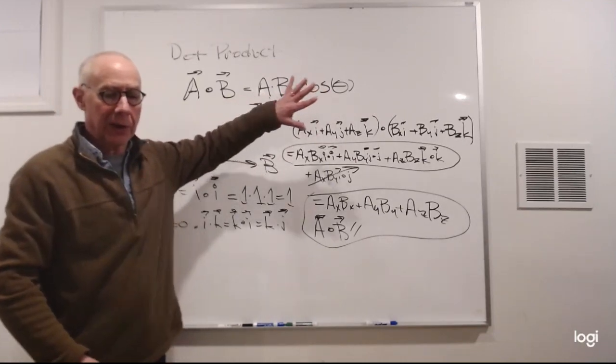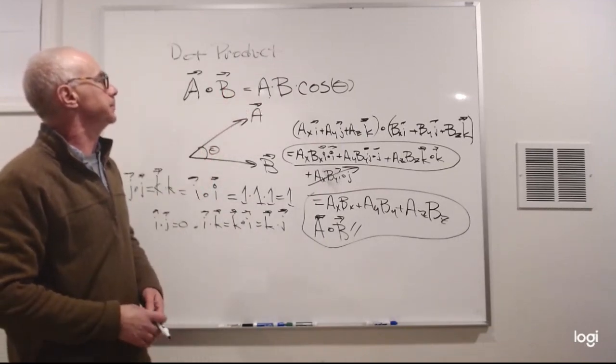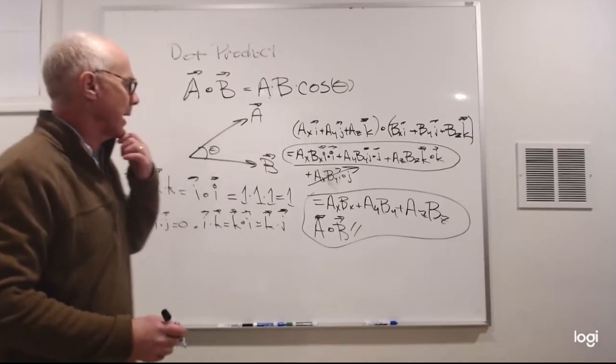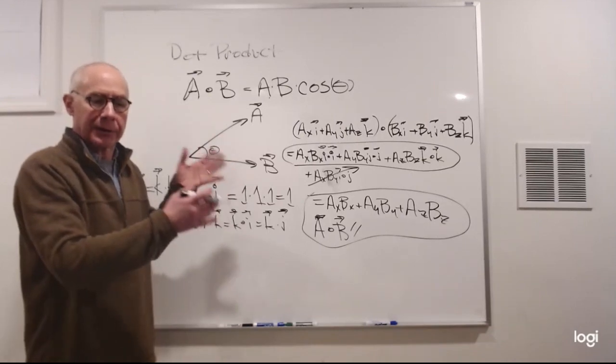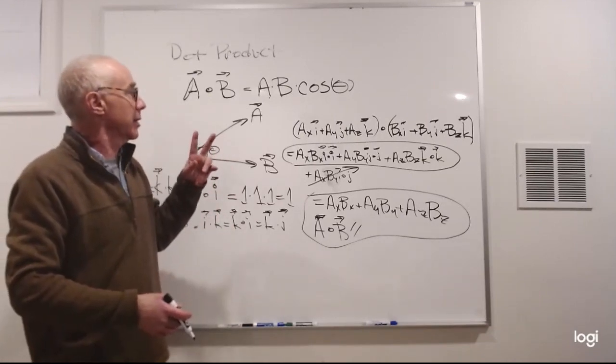Now this gives us two important applications. I'm going to erase the board, and then I'm going to come back and talk about those two important applications of the dot product.